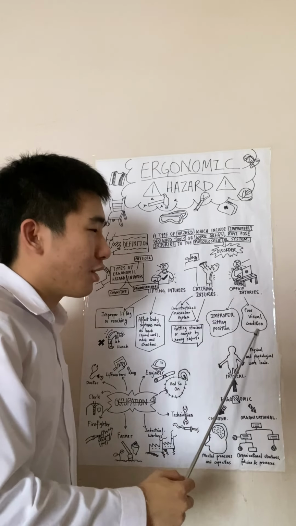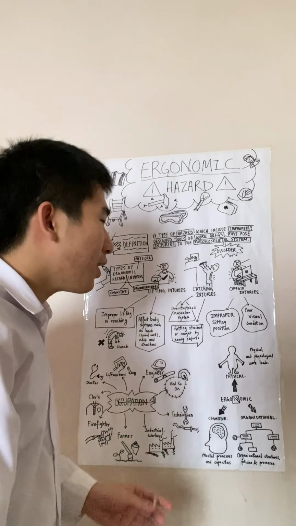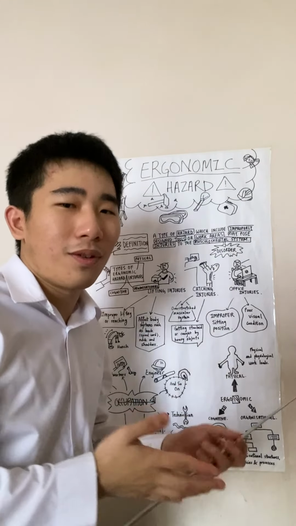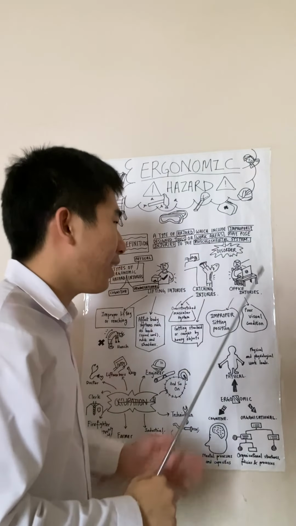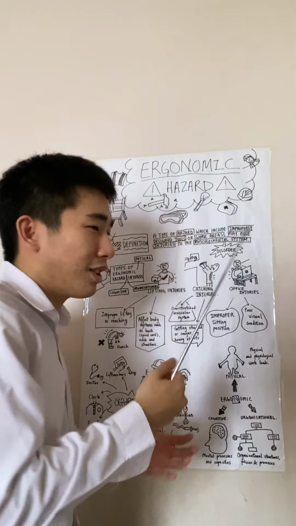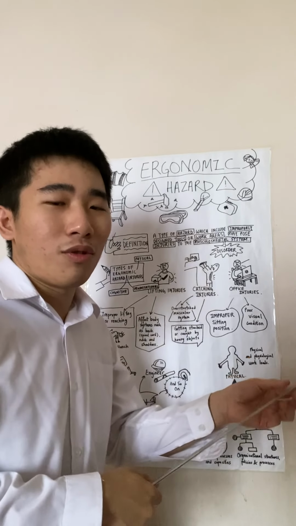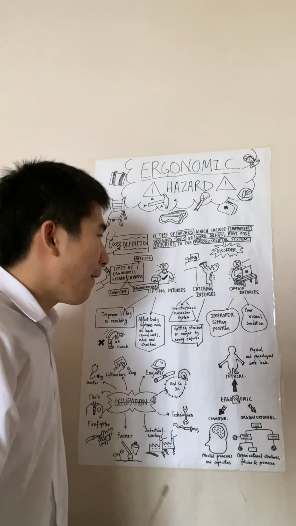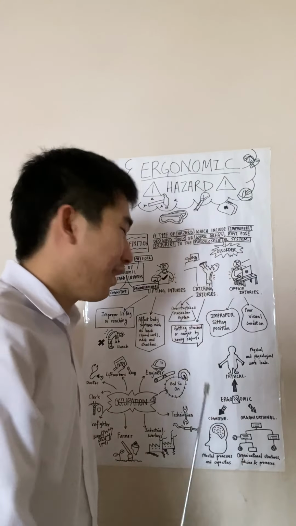Poor visual condition is another factor in office injuries, because when we look at the computer even for 12 hours a day without enough rest, our eyes become blurred and we get more distracted. These cause injuries, and there are others too, but I won't explain further.